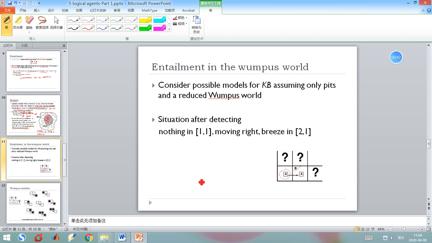Currently, the percepts combined with the agent's knowledge of the rules of the Wumpus world constitute the KB.